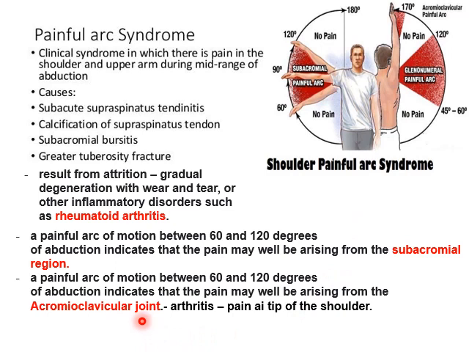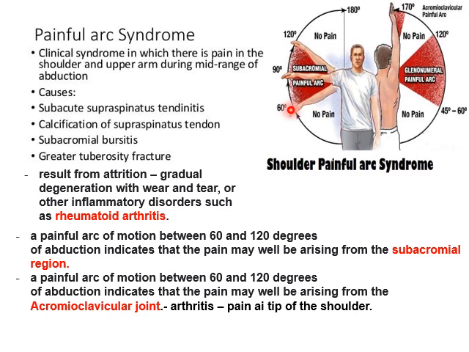So this is what is the painful arc syndrome. From 0 to 60 degrees and from 120 to 180 degrees, there won't be any pain if the pathology is below the coracoacromial arch. Only mid-abduction pain is felt.